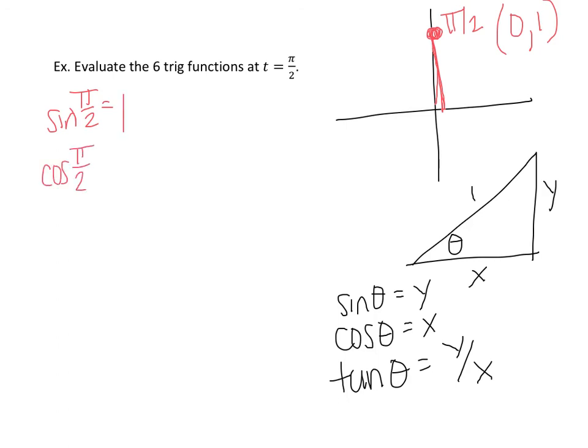Cosine of pi over 2 is going to be the x coordinate, so 0. Tangent of pi over 2 is going to be the y divided by the x. So 1 divided by 0, which we cannot divide by 0, so undefined.